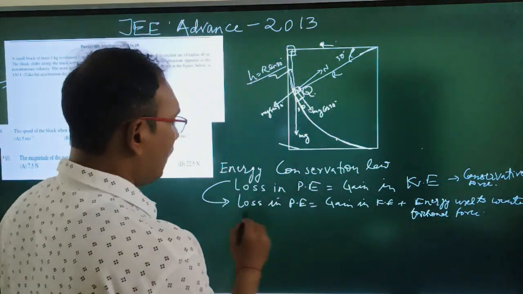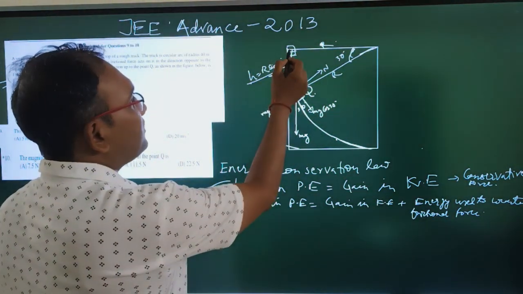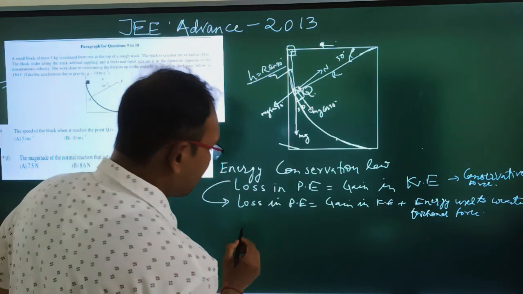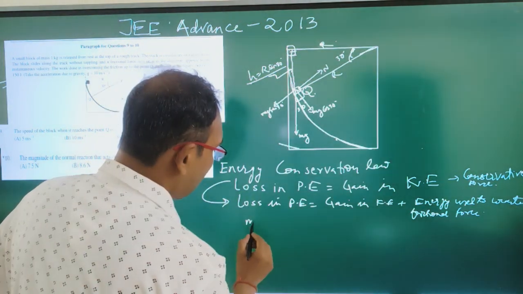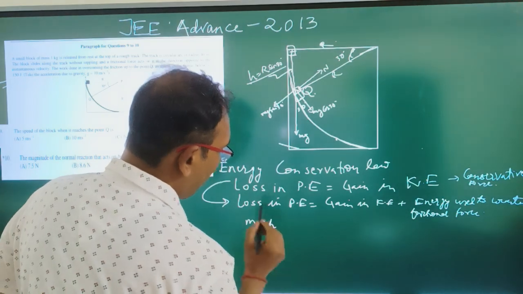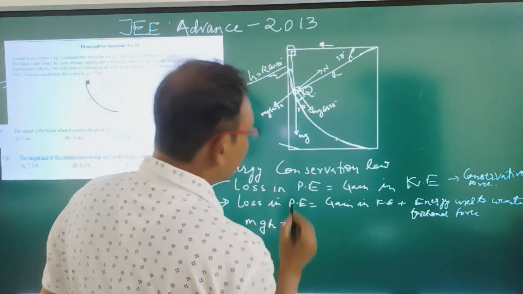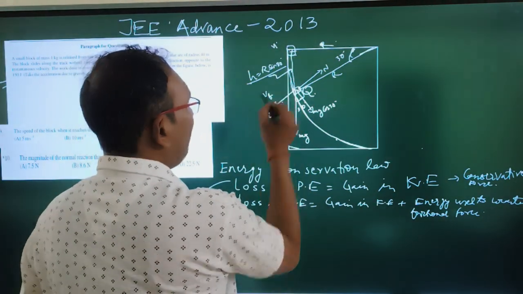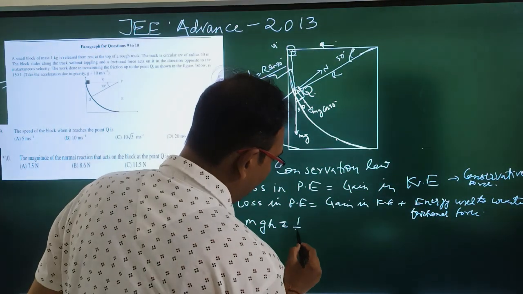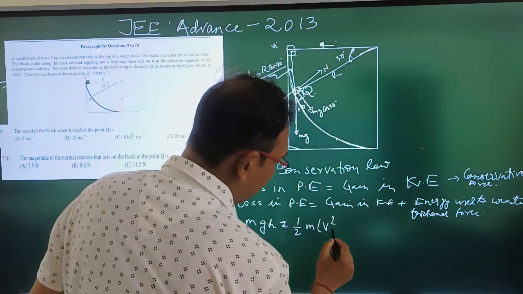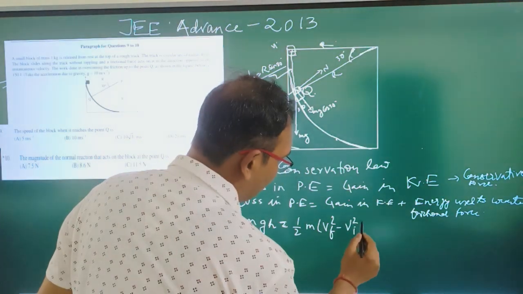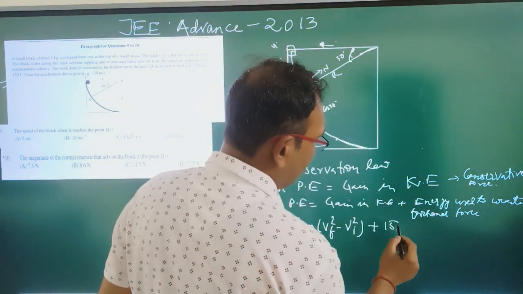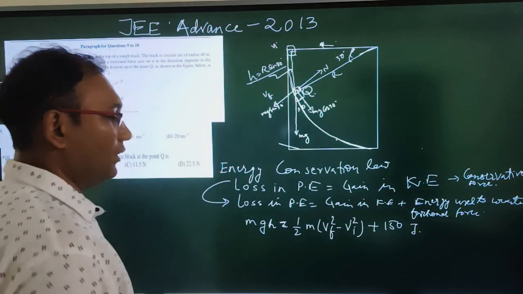Let's understand how. The object was here and this is the datum line, so there is a drop in height. The loss in potential energy is mgh. The gain in kinetic energy: suppose initially the velocity was vi, and when it moves here it is vf, so this is half m (vf square minus vi square). The energy utilized against friction is given as 150 joule.